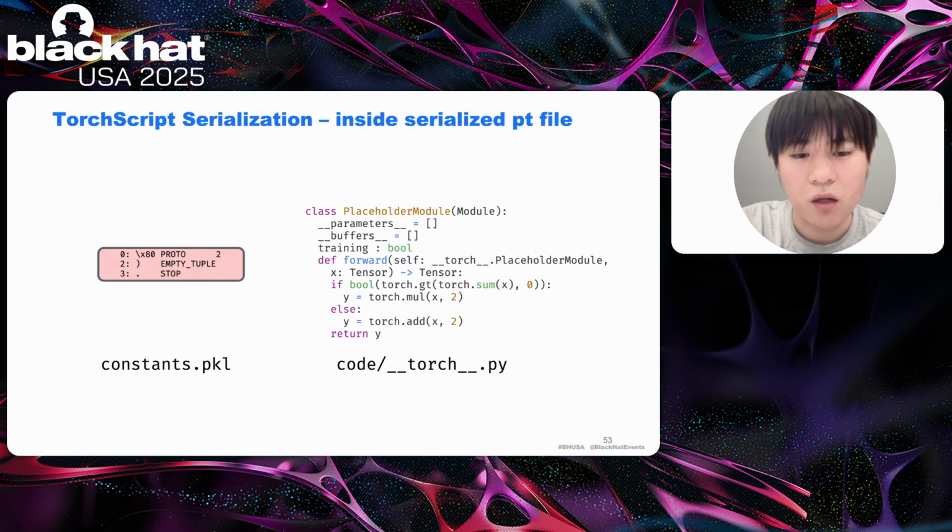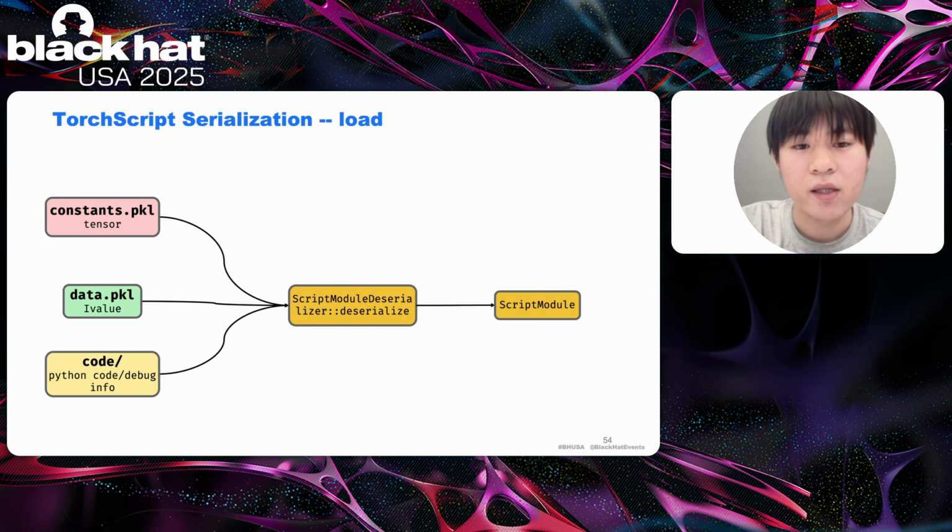Let's see how these parts are restored into a script model. We can see that in the deserialize function, the three main parts of the serialized file are converted into a script model. Let's look at the function implementation.